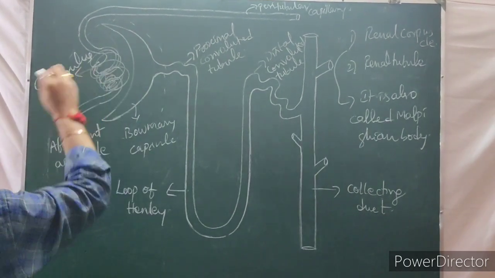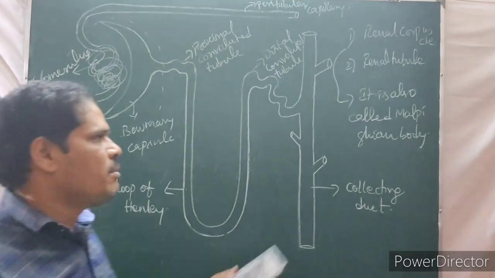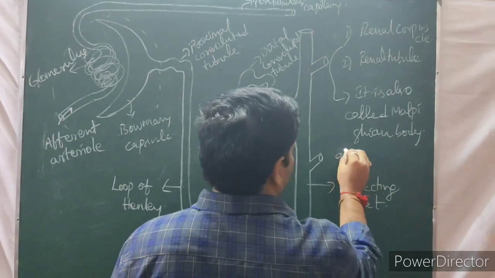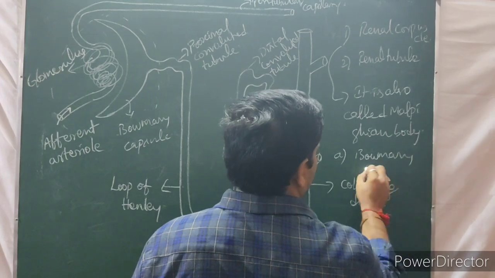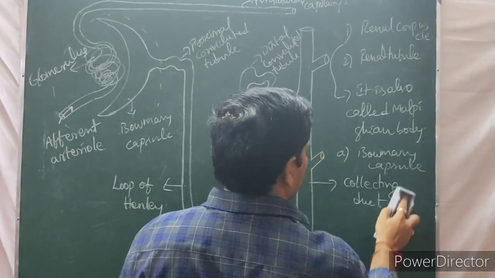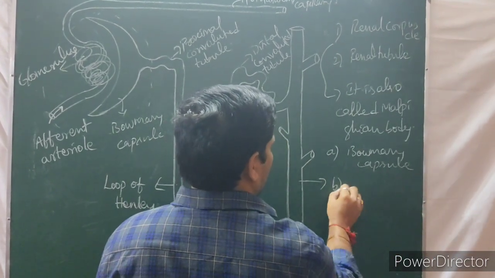The next one, glomerulus. These are the two important parts present under the Malpighian body.